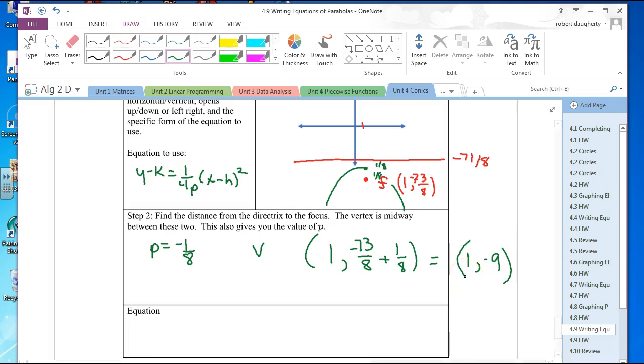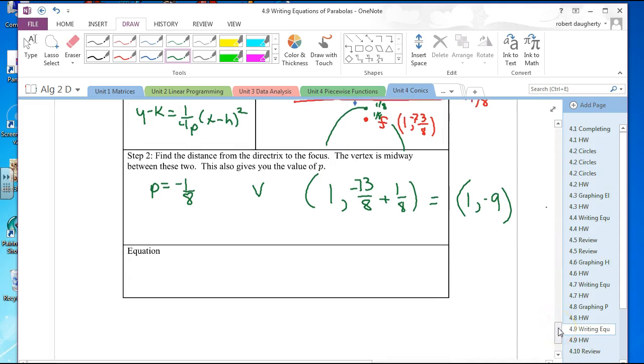So now what's the equation? It's y plus 9 equals 1 over 4 times negative 1/8, times x minus 1 squared.